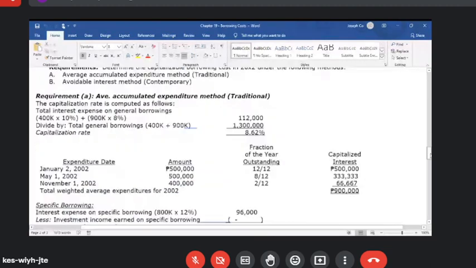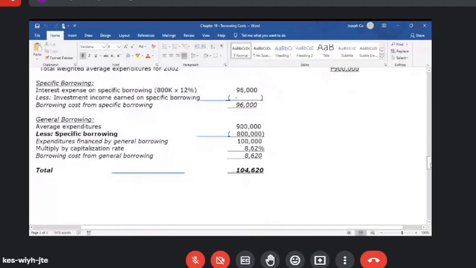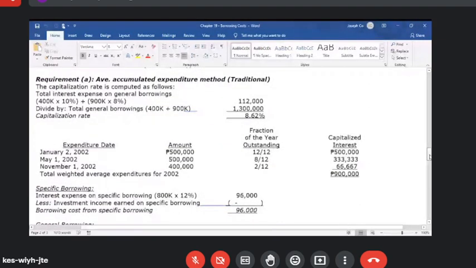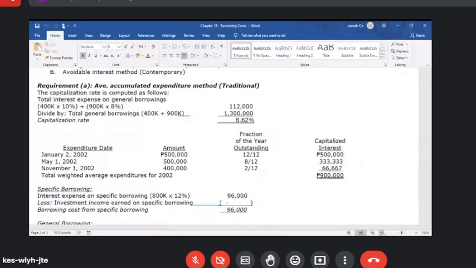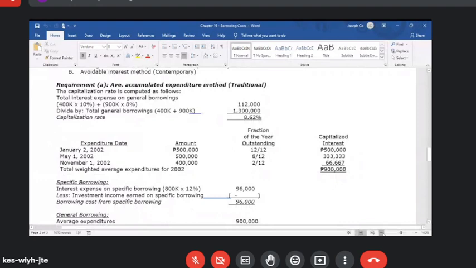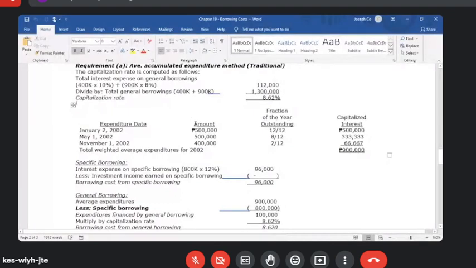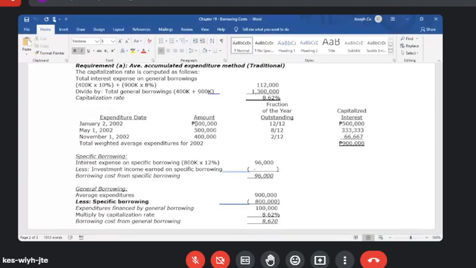Okay. Ito na. Traditional lang tayo. 1, 2, 3. 1, 2, 3.